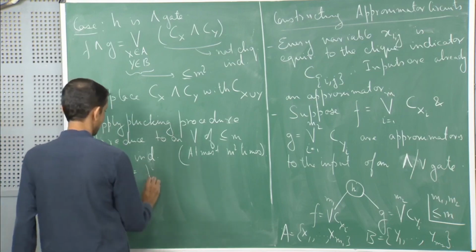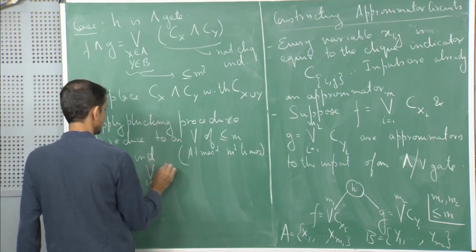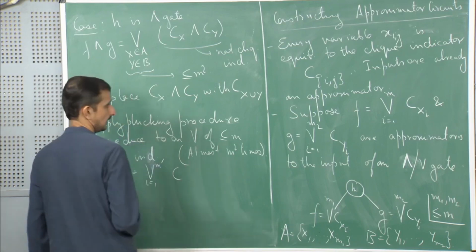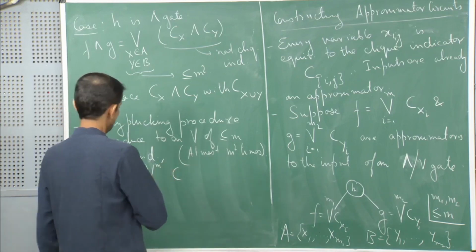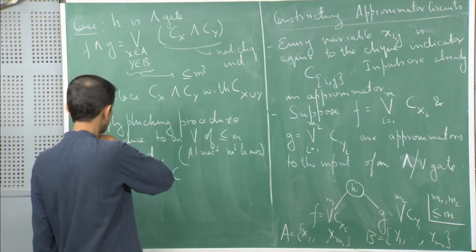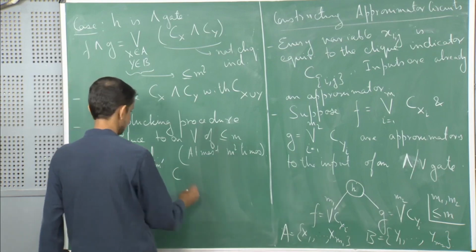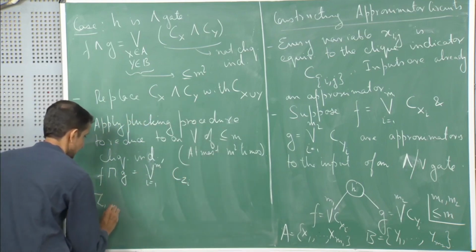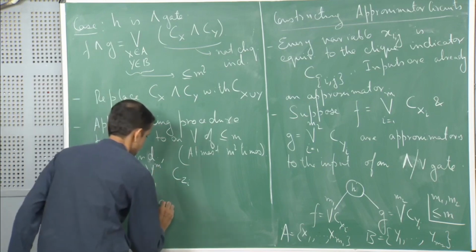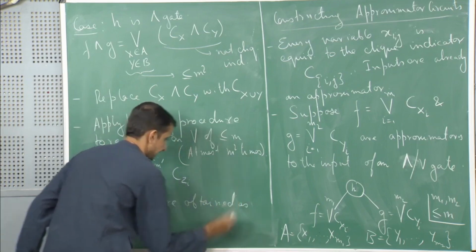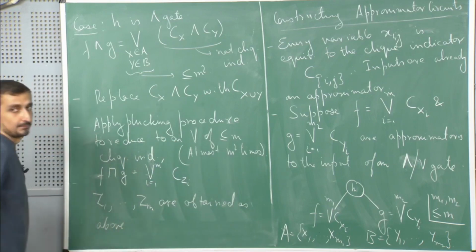So f and g will be an OR of i going from 1 to some m prime, C of, it's not exactly, okay, let me call it z, z_i, where this z_1 up to z_m are obtained as above.